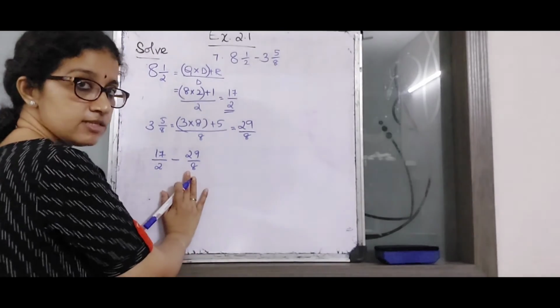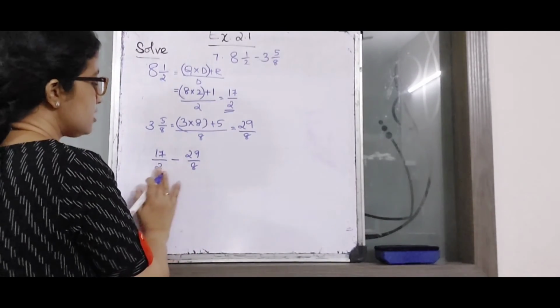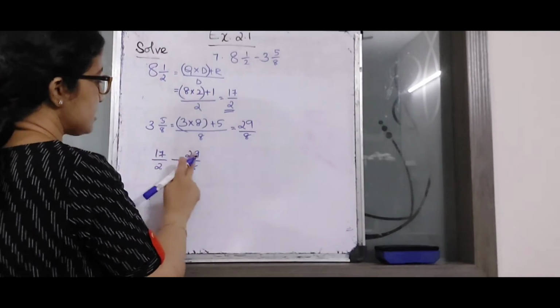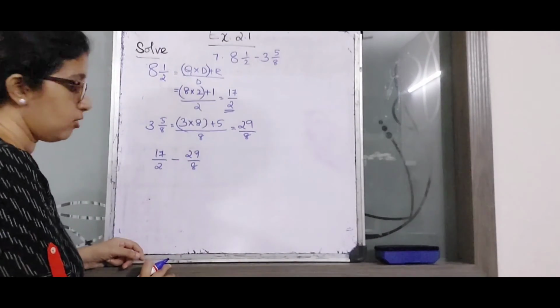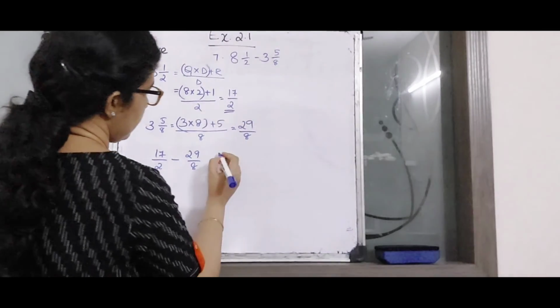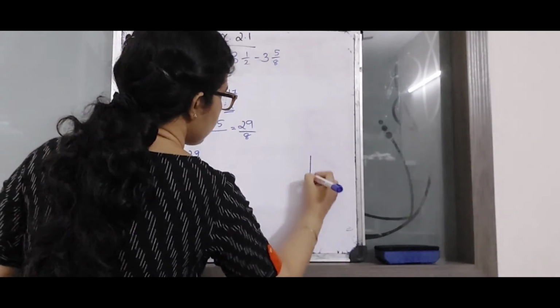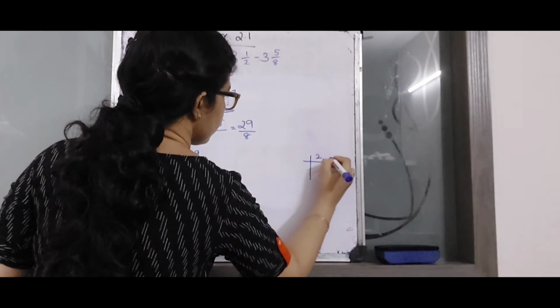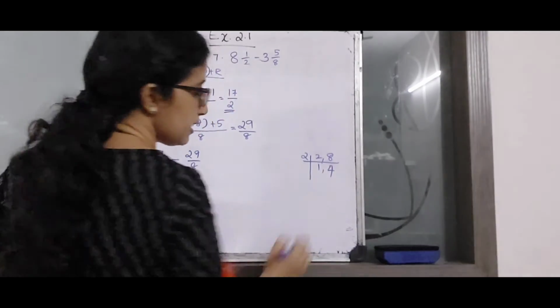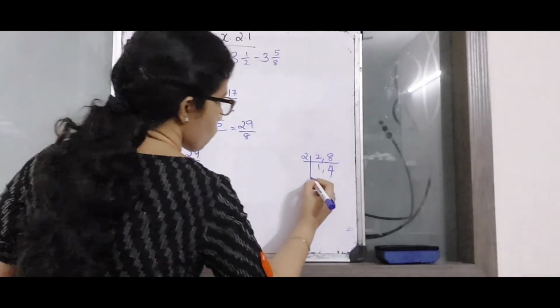To solve this, we have to convert both these denominators to be the same number, so that we can directly subtract the numerators. Okay, so for that we have to find the LCM of 2 and 8, right? So what is the LCM of 2 and 8? If we take 2, 1 2 is 2, 4 2s are 8. Correct?